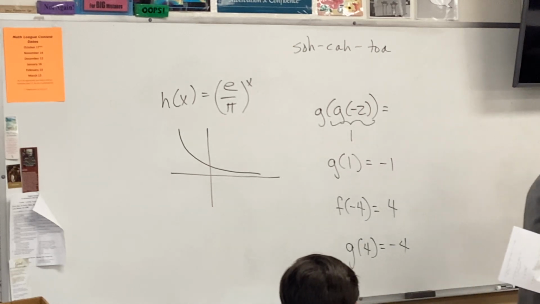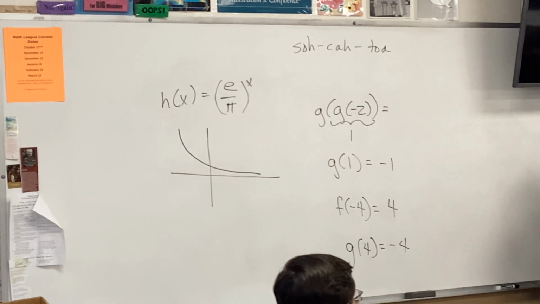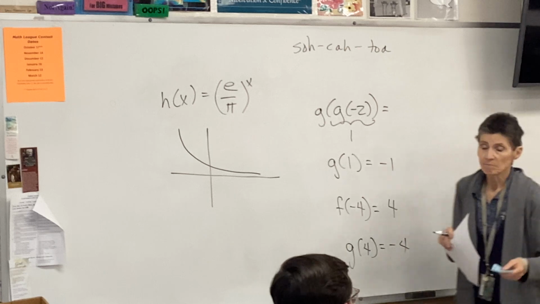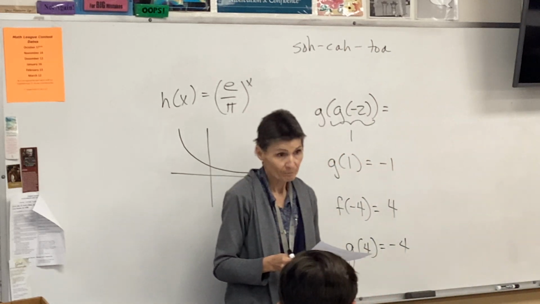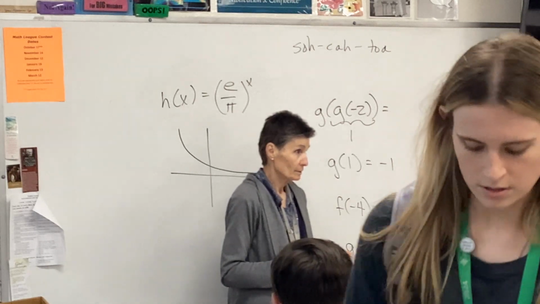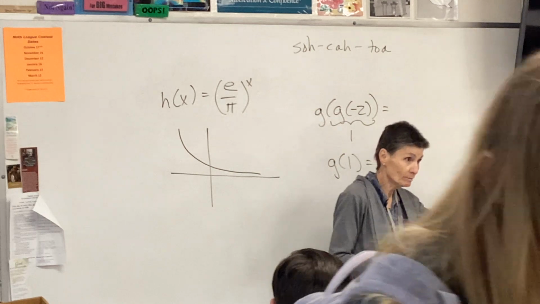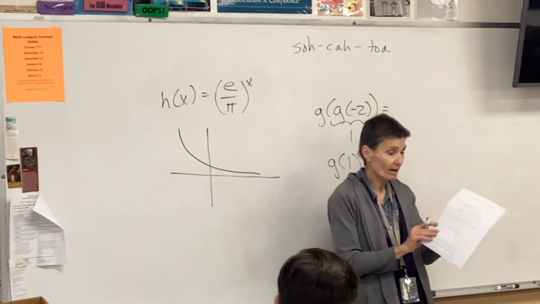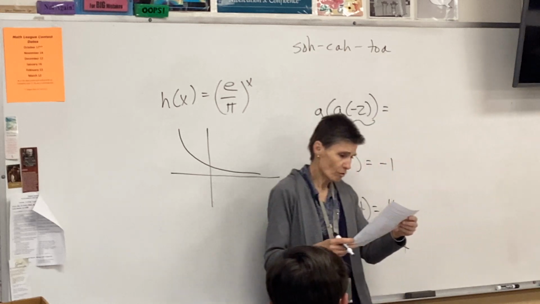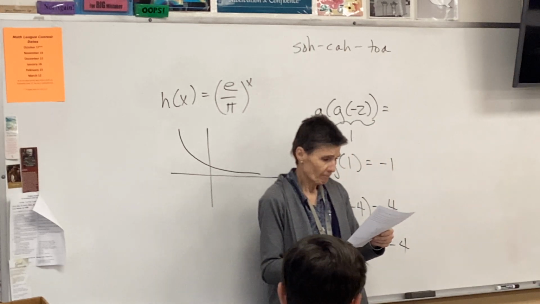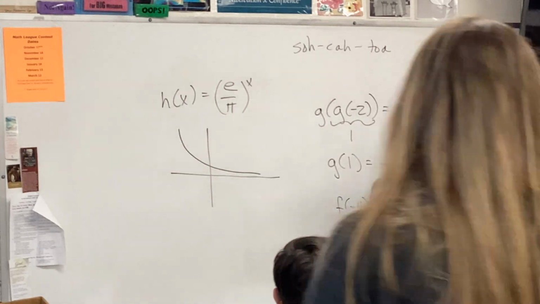Because that's the smallest X value. Exactly. Remember, guys, if we're looking for the smallest Y of the inverse, then aren't we looking for the smallest X of the original? And that's why she said negative 5. All right. Let's try 5, 6, and 7 with your partner.